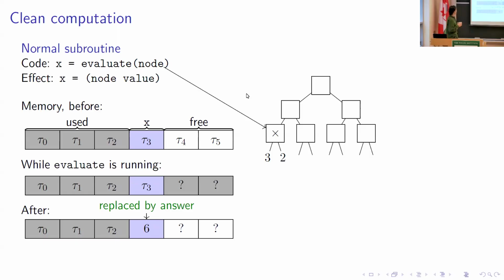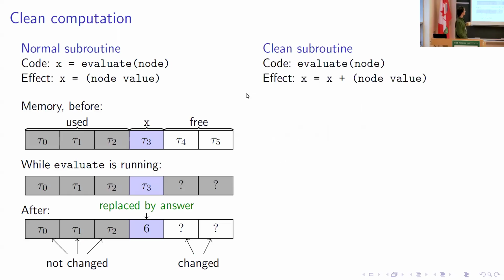And then at the end of the subroutine, the memory cell corresponding to the variable x will have the answer, which in this case is 6. It's 3 times 2. And the used memory cells are going to be unchanged. They'll still have their original values, tau0, tau1, tau2. And the free memory might have been changed in some way. We don't really control that.